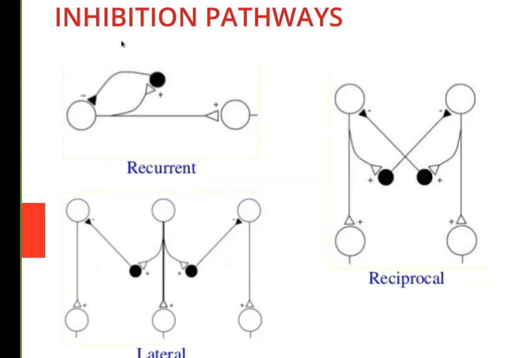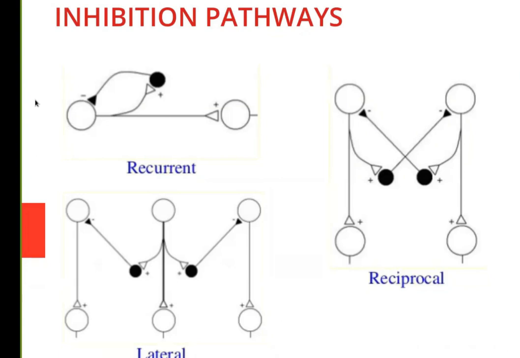In these schemes, you may find the main types of inhibition. For example, recurrent inhibition, which you may see in this slide. You may see that an excitatory neuron sends impulses to another neuron, but with the help of branches, this excitatory neuron stimulates a neighboring inhibitory neuron, and the inhibitory neuron with feedback blocks the first excitatory neuron.